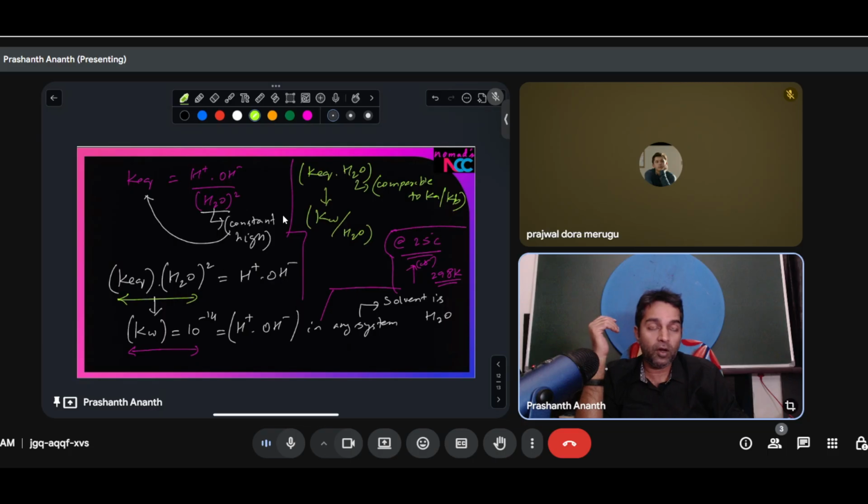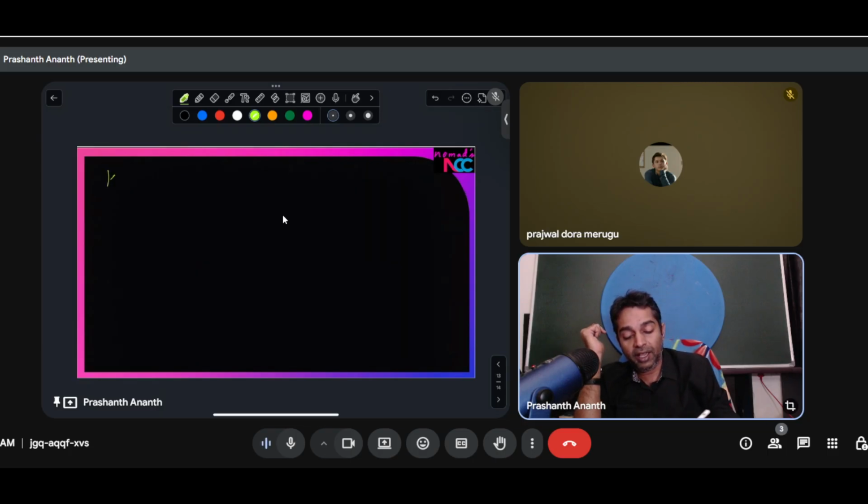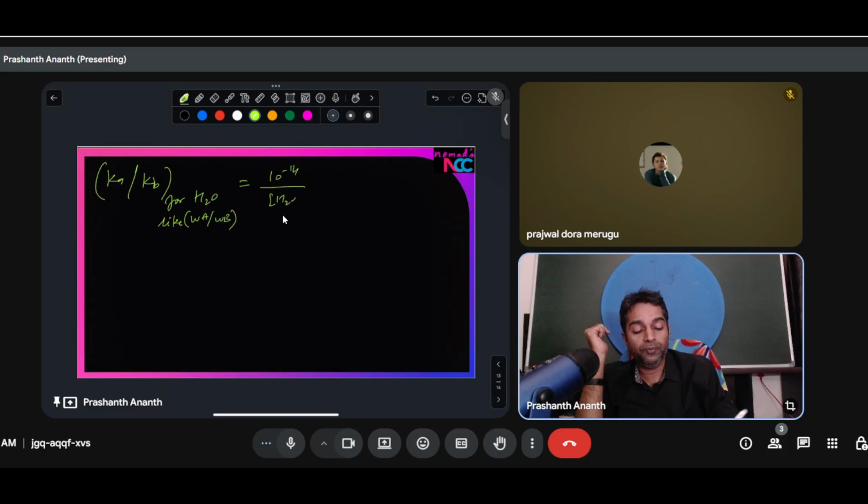So we can say Ka or Kb for water, like a weak acid or weak base, is going to be 10 power minus 14 divided by concentration of water. Concentration of water is of course 1000 by 18.